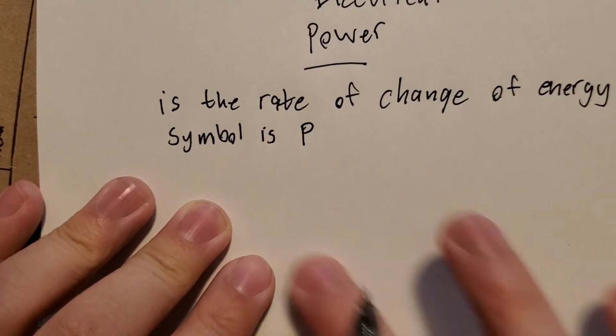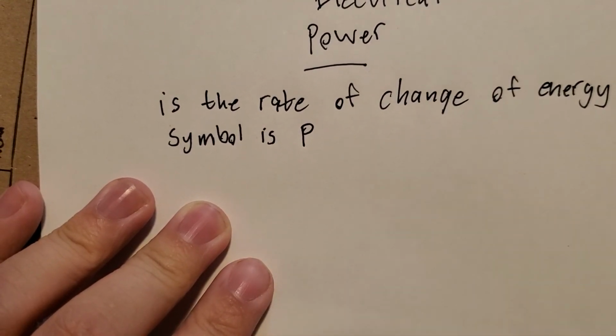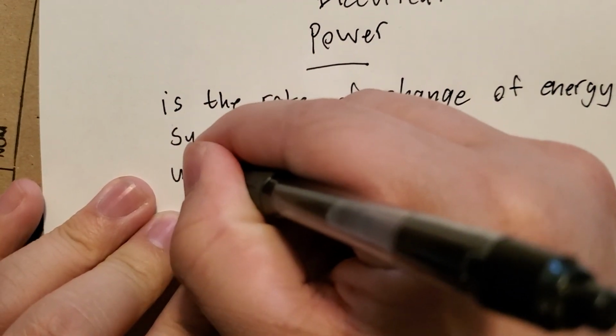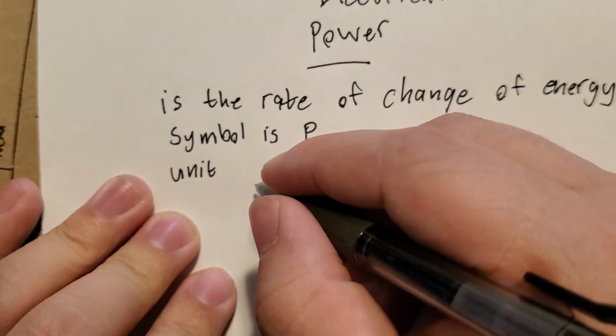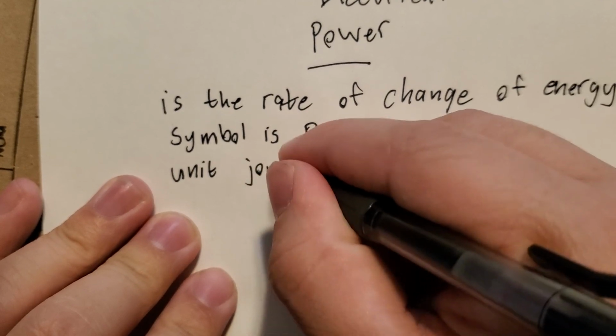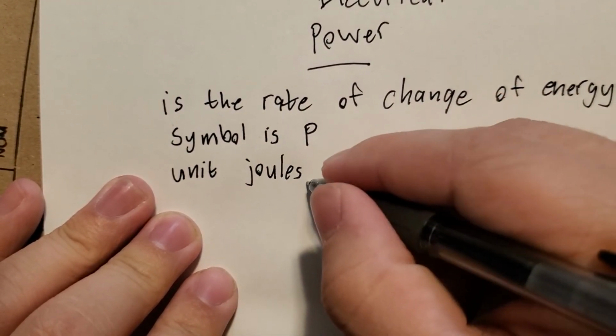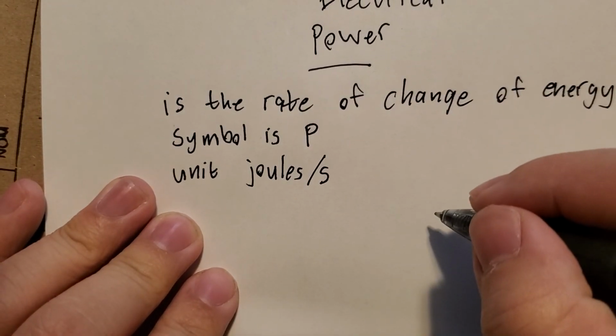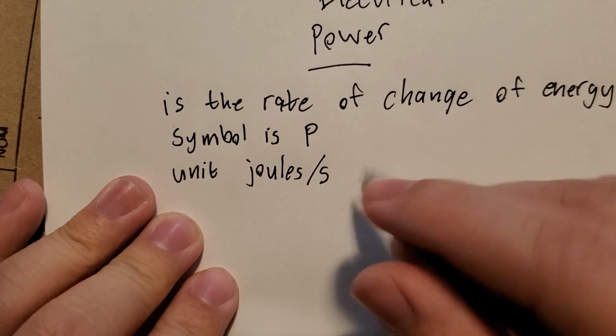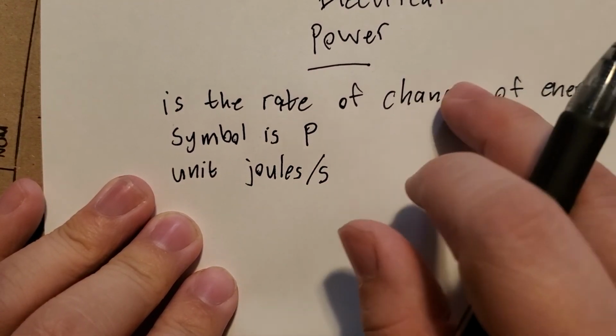But the unit is not super obvious. The unit is basically joules. Joules are your energy per second. And a joule is also another way to calculate energy.